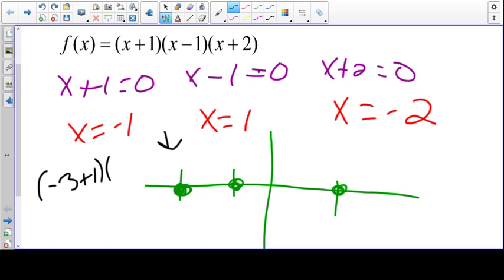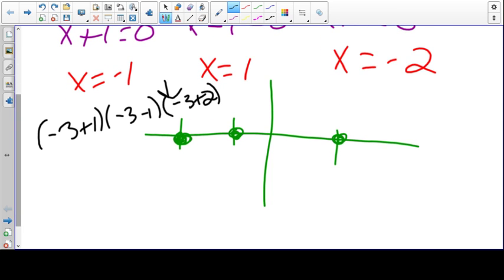We can do all of that on our calculator. Every time I see x, I'm going to plug in -3. Now I get this value of -8.